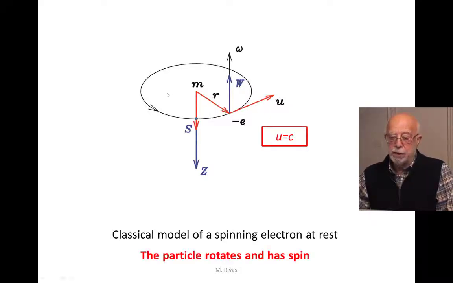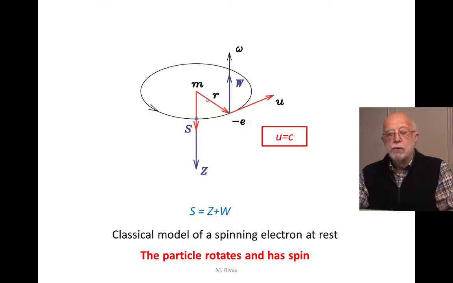And the spin has two parts. One related to this orbital motion, z, and another related to the rotation of a co-moving Cartesian frame attached to this point, which rotates with angular velocity omega. So this w part, in addition to this zeta part, gives you the total spin.